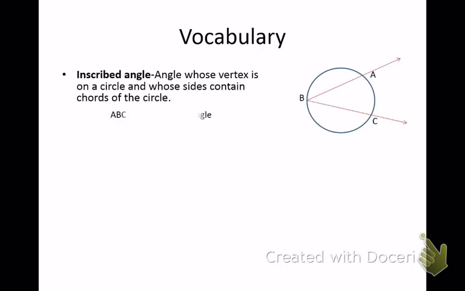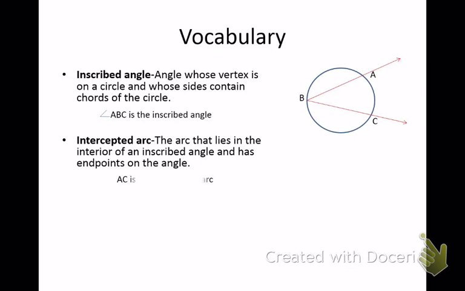An inscribed angle is an angle whose vertex is on a circle and whose sides contain chords of the circle. So here's our circle. An inscribed angle is different than a central angle. Remember that a central angle has its vertex at the center and you extend the sides out to touch the circle.